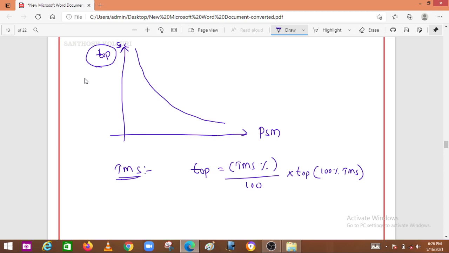So TMS percentage divided by 100 into T operating. What is this T operating? This is the operating time of the relay whenever there is a 100% time multiplier setting in the relay. Based on this, you are adjusting your operating time. What is the meaning of time multiplier setting? Internally you are adjusting the backstop position in the relay.